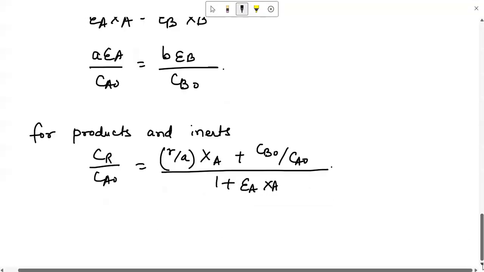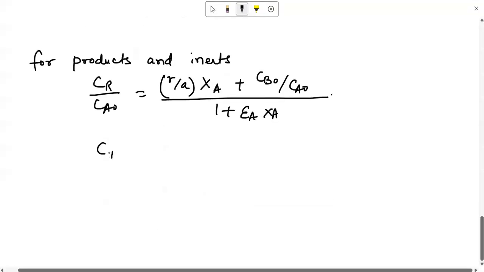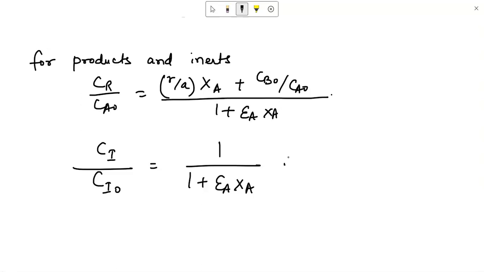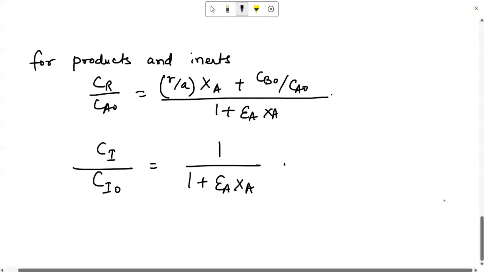Another one to relate the inert is Ci by Ci naught equals 1 by 1 plus epsilon A Xa. So these are the relations that we use for batch and flow systems of gases of changing density but with constant temperature and total pressure.